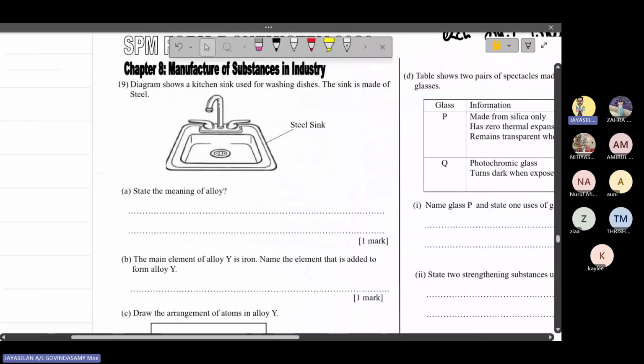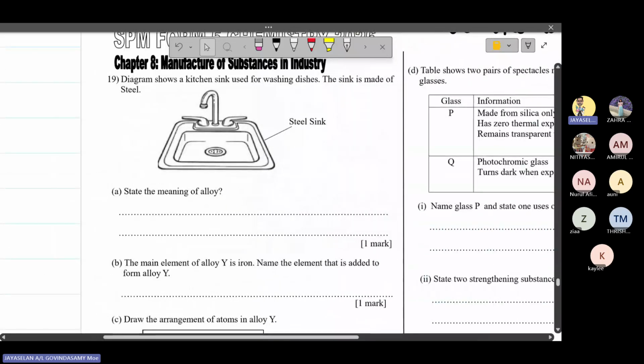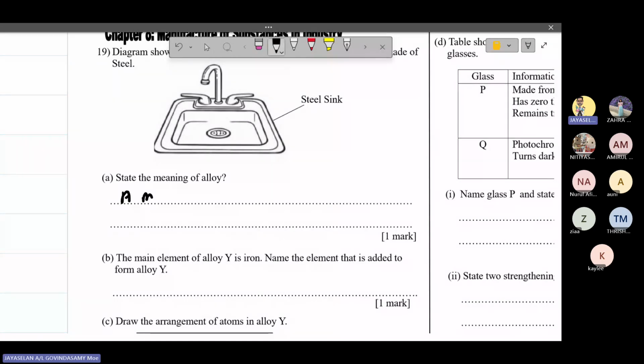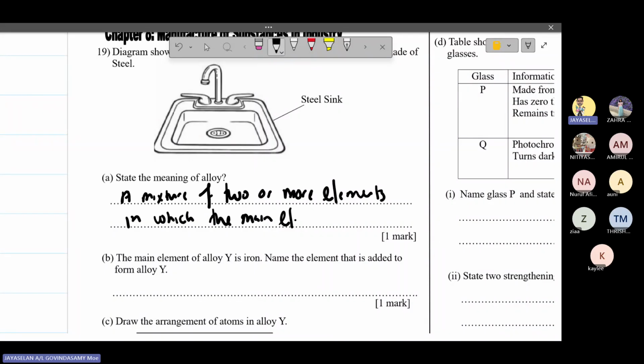Okay, now look at this. Ini different bit, the drawing will be different. Okay, again we do a mixture of two or more elements in which the main element is a metal. Okay, steel is made up of iron plus carbon.